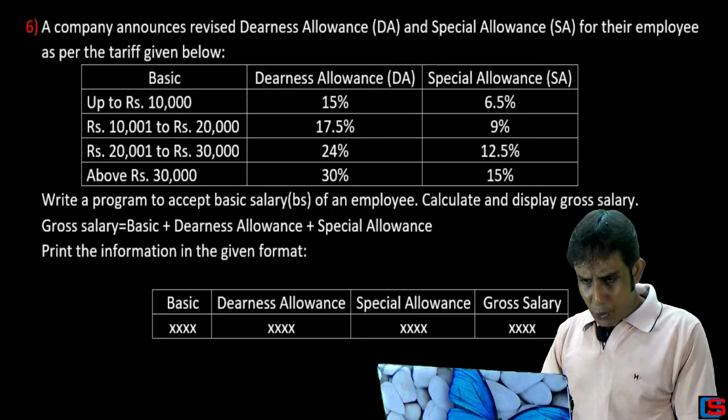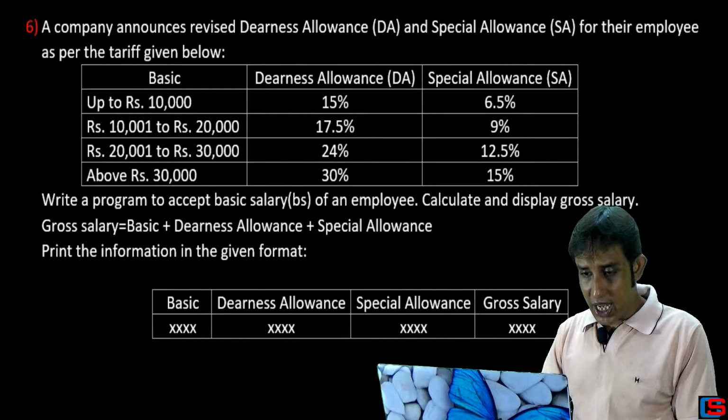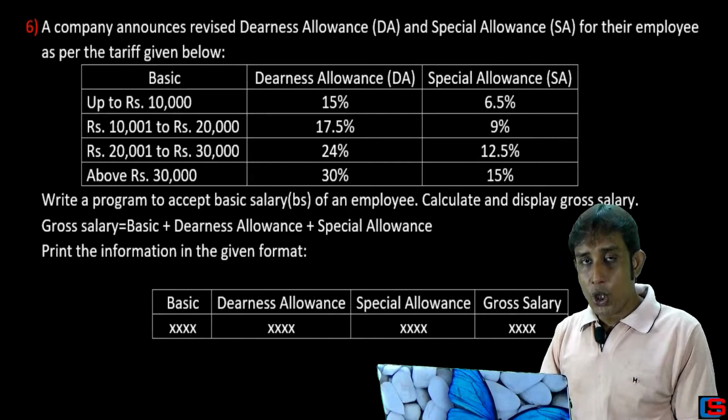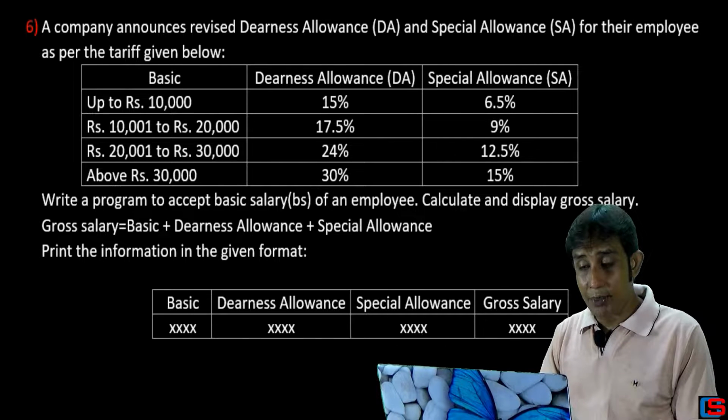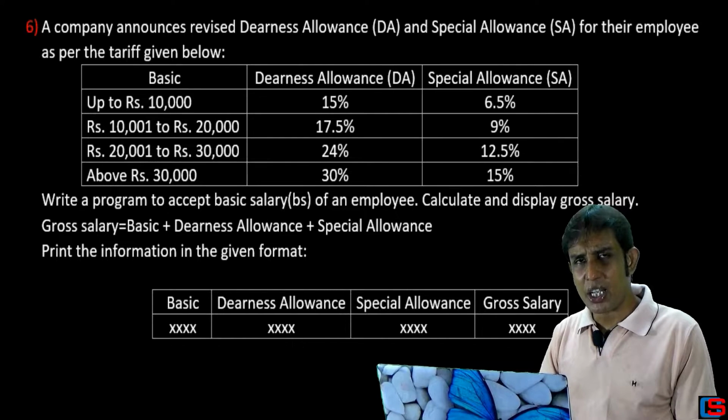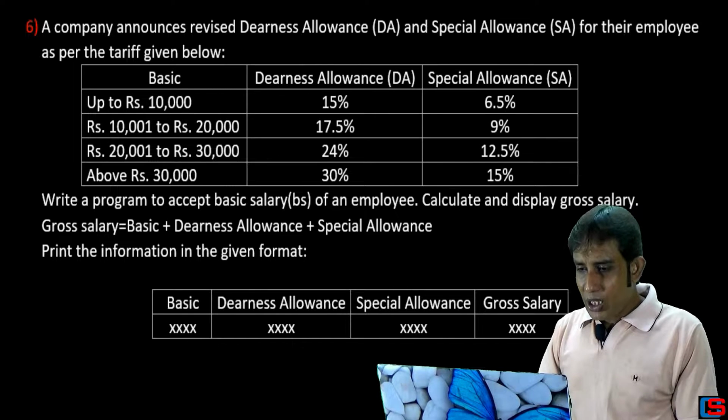Now write a program to accept basic salary BS. So the variable is also mentioned here, BS, of an employee. You have to take the input from the user, the basic salary, and store it in the variable BS as mentioned in the question, but you can change the variable name. Calculate and display the gross salary.